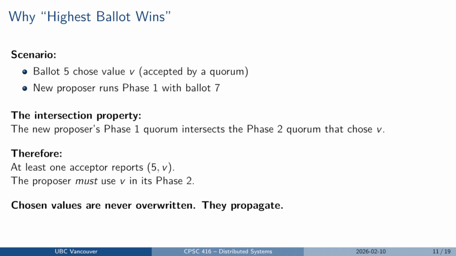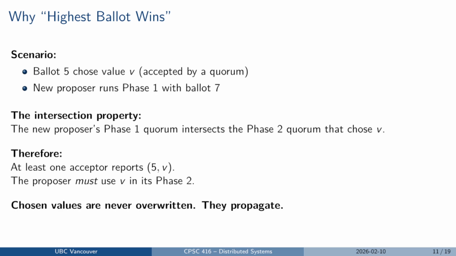Let's do this. Okay, so why does the highest ballot win? Ballot 5 chooses some value v, which has been accepted by a quorum. Now a new proposer runs phase 1 with ballot 7. And here's the interesting problem. The new proposer's phase 1 quorum intersects the phase 2 quorum that chose v. Remember I said you take the highest value that comes back from the accepts?